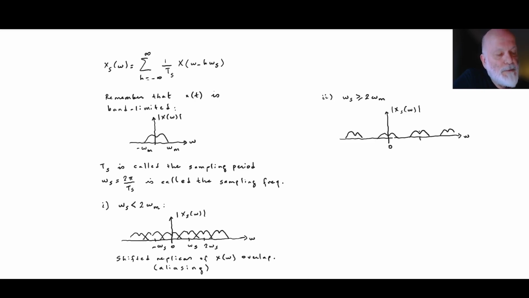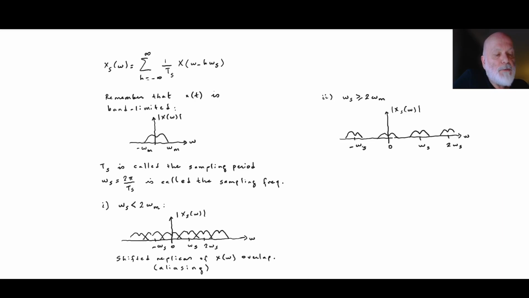Okay, this is 0, this is omega s, 2 omega s, etc., minus omega s. So we have no overlapping in this case. So in this case, something very interesting will happen. We will be able to retrieve x of t from xs of t without any information loss.